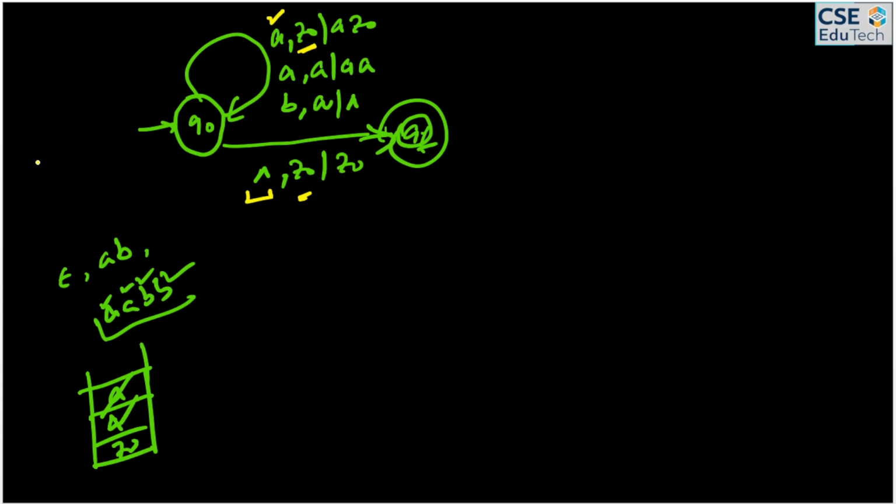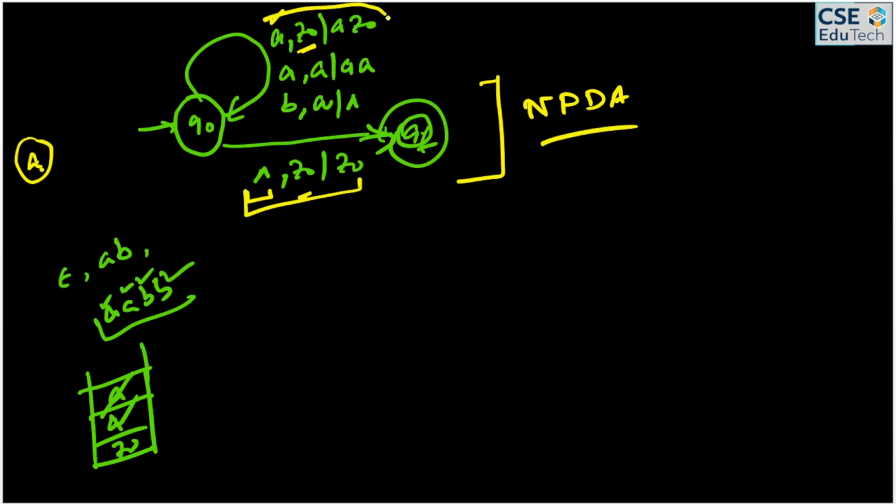When your input is A, you may read this symbol A or you may not read the symbol, so there is a choice. So it basically creates an ambiguity. So this is basically a non-deterministic pushdown automata. So if we draw the diagram like this, it will be a non-deterministic pushdown automata, because of this and this.